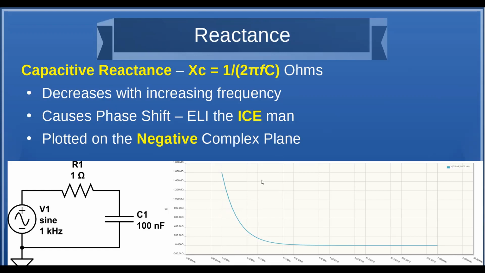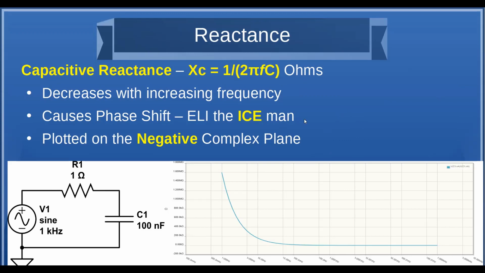But you see, the reactance starts fairly high and decreases as the frequency goes up, and it decreases exponentially because it's a reciprocal. Whereas when we do the inductor, it's just the opposite of this, so it will be a straight line.